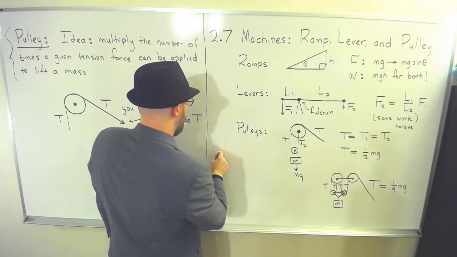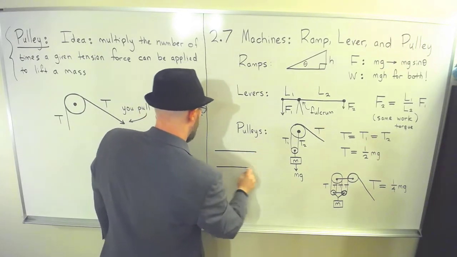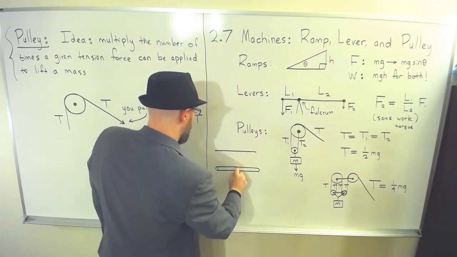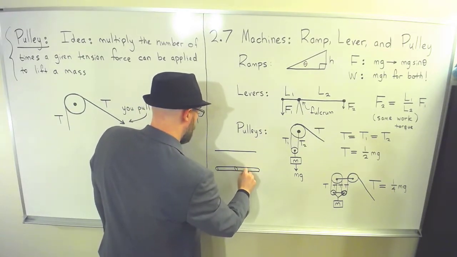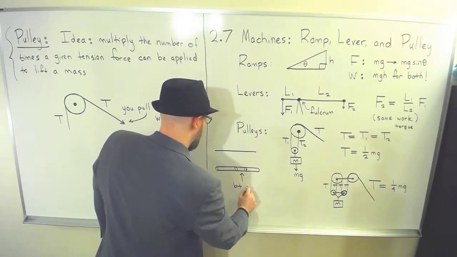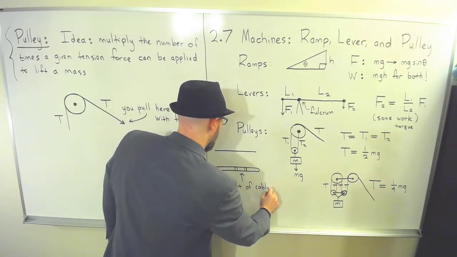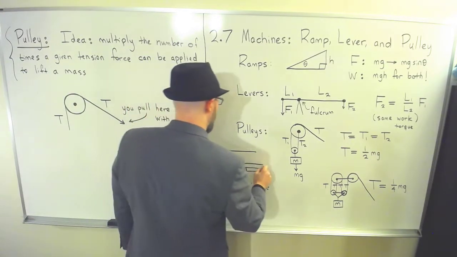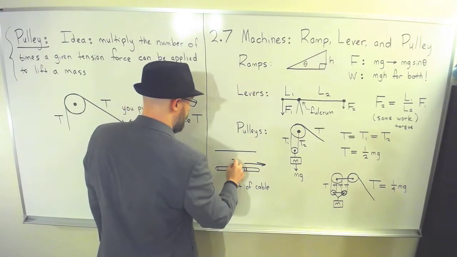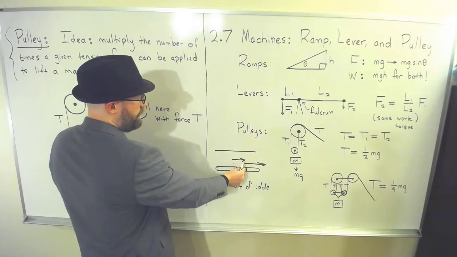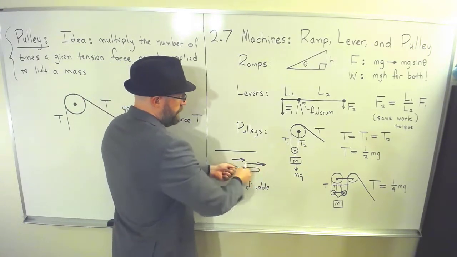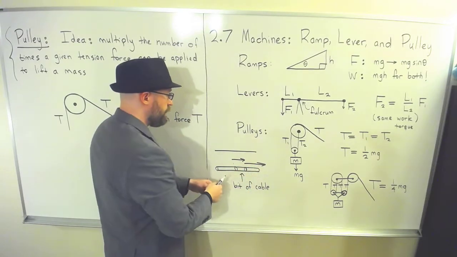If I zoom in on the cable here, and think about just a little piece of cable, well, if the tension force at this end was bigger than the tension force at this end of that little piece, then it would pull apart. It would accelerate.